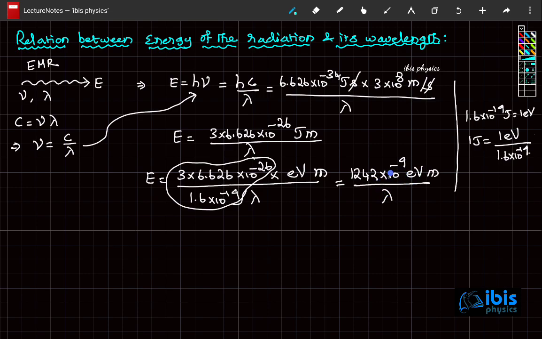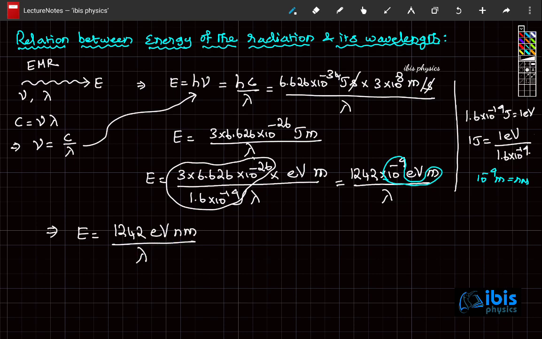This 10 power minus 9 meter is nanometer. So I am writing this as energy equal to 1242 electron volt nanometer by lambda, where 10 power minus 9 meter becomes nanometer.